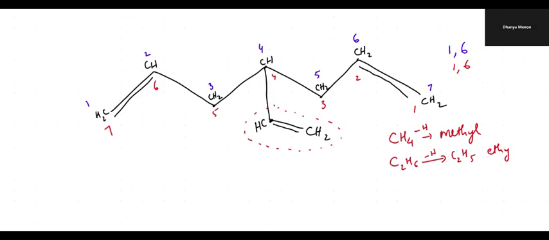Here there are two carbon atoms with a double bond, right? This is the connection. Now this is ethene, from which one hydrogen has been removed. So this is the ethenyl group. And because E and Y are near to each other, we will remove this E and we get ethenyl.